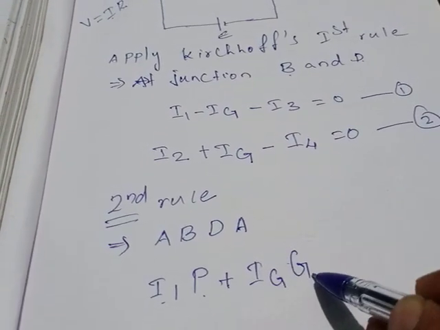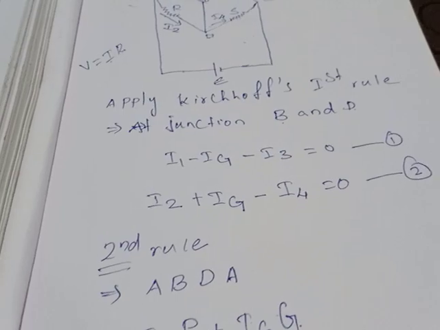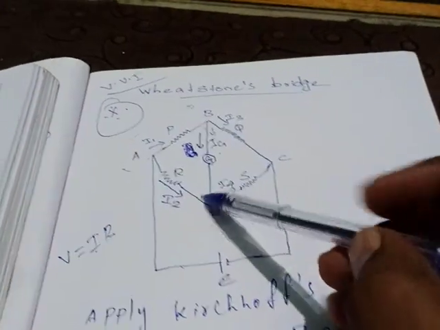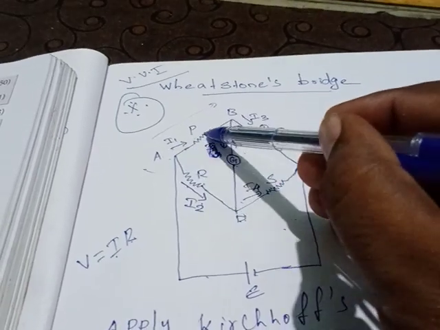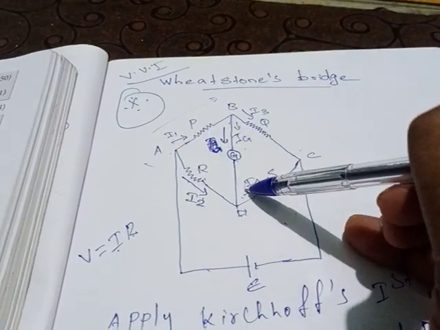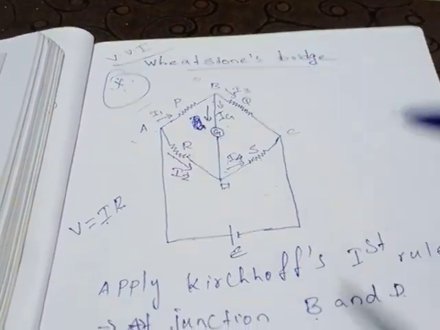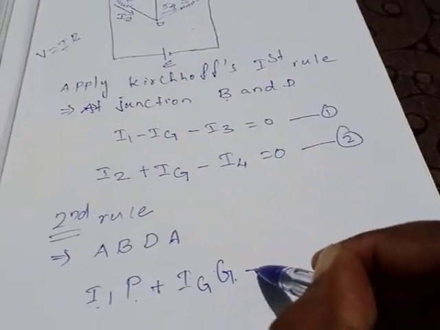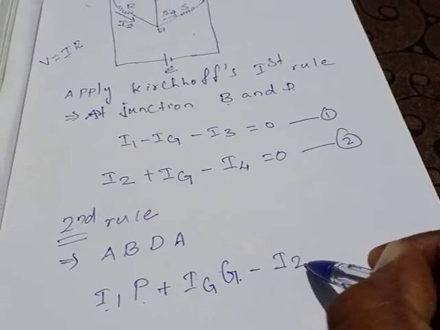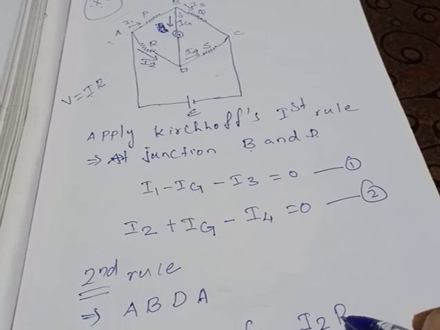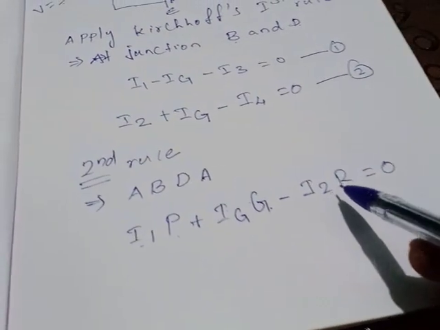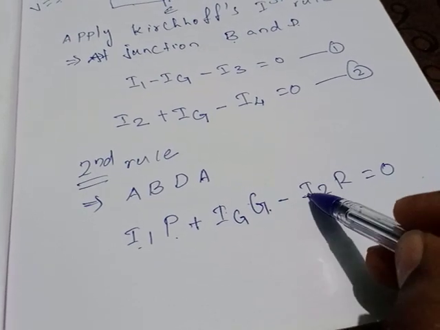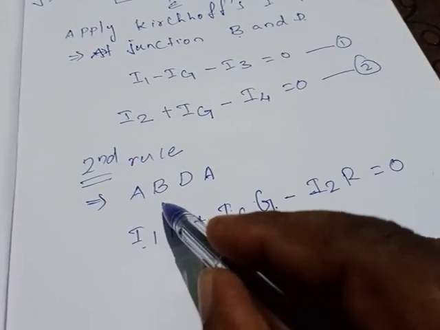Ig is the current and G is the resistance. Now this is opposite. You see the arrow marker like this, but this I2 is opposite. You have to put minus. So minus I2R equal to 0. This is the second rule we applied on loop ABDA.